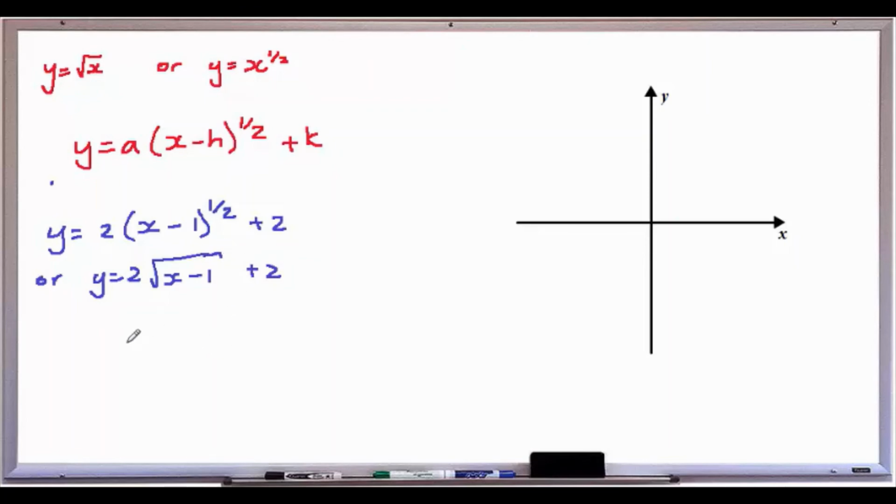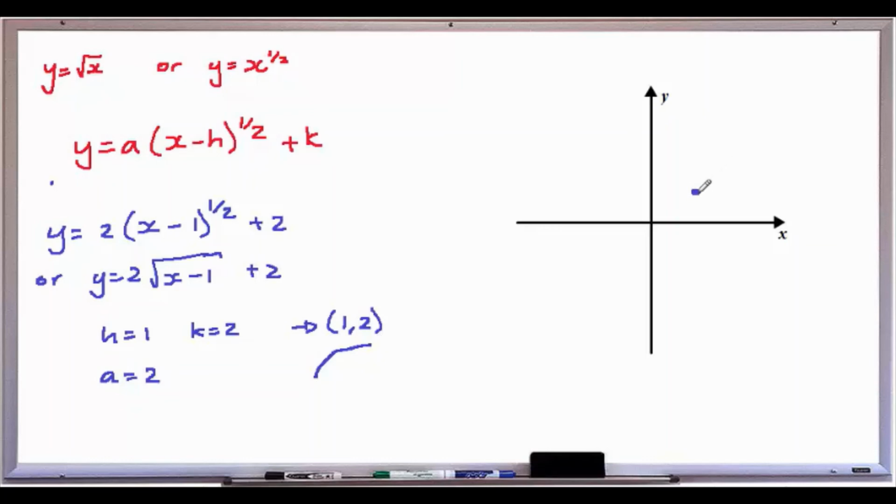And what I can extract out of here is that h is 1 and k equals 2, and my dilation a will be 2. And that means the starting point for my graph will be at the point (1, 2). And because it's positive, we assume that the shape is going to look like that.